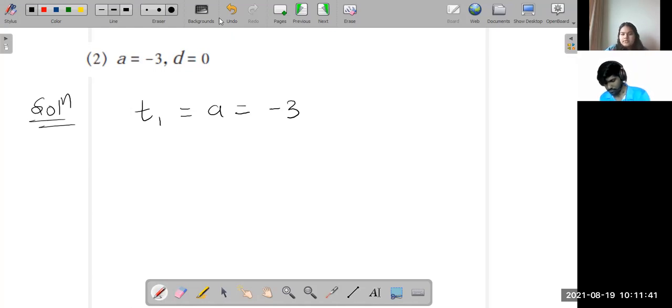What to do after this? Minus 3 plus 0 is equal to minus 3. Every time you add it with 0, it will be minus 3. So T2 will be T1 plus 0, which is again minus 3 plus 0, again minus 3.